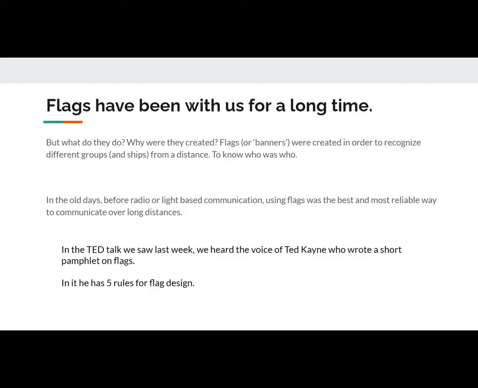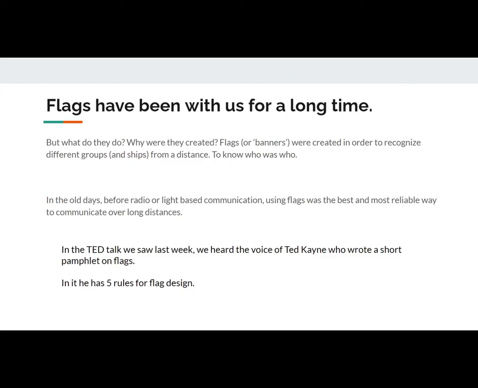Before we had radio and cell phones or light-based Morse code communication, flags were the best way of sending information, and sending flag signals was the best way of communicating over long distances without actually sending someone over to talk to them. So flags provide a lot of information, but they also provide identification.